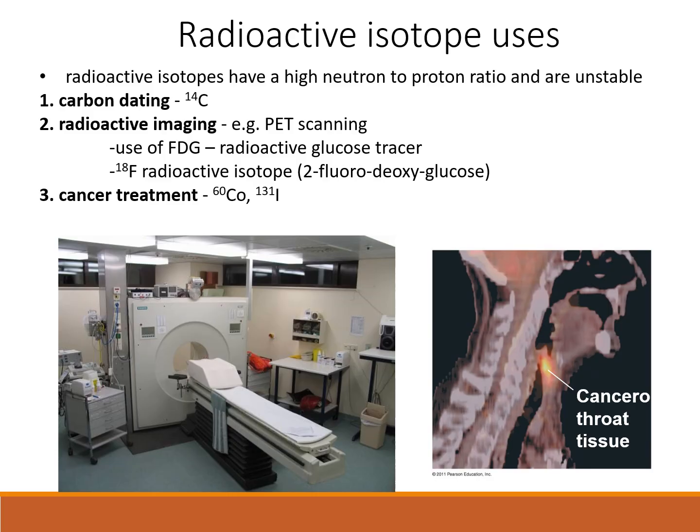And once you've identified the tumor, you can actually treat cancer using radioactive isotopes. Remember, these isotopes break apart and give off energy in the form of radiation, and this radiation can be used to kill nearby cells. Two very commonly used radioactive isotopes for this are cobalt-60 and iodine-131.